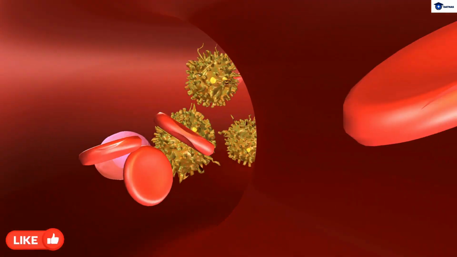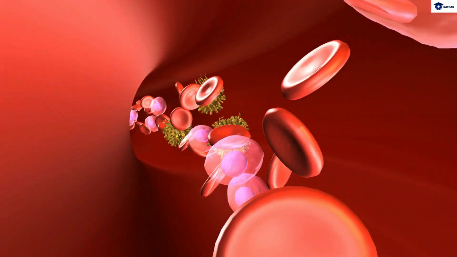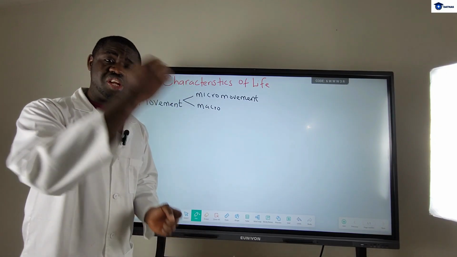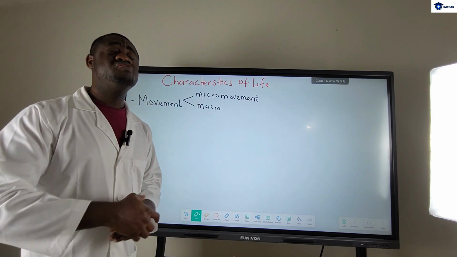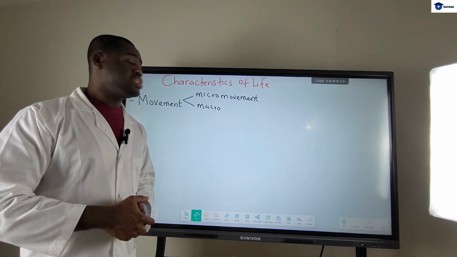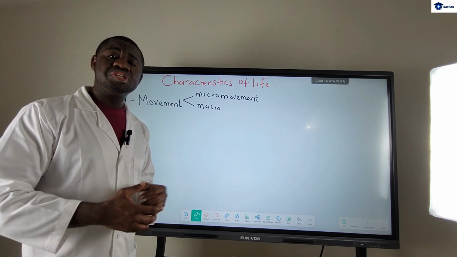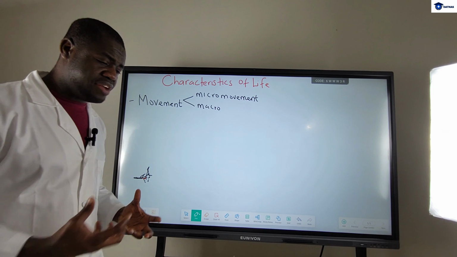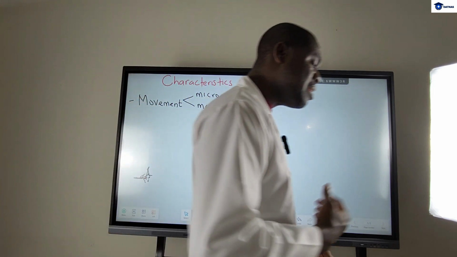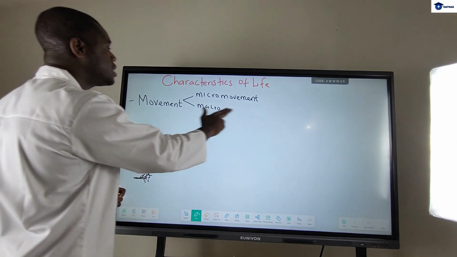Macro movement is what can be observed externally. The movement of limbs, the movement of eyes, the rotation of the neck, or the physical movement of the body from one place to another. All these are examples of macro movement.